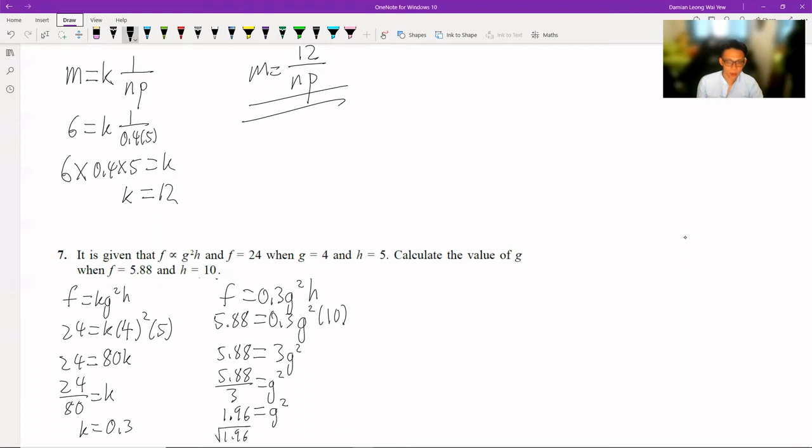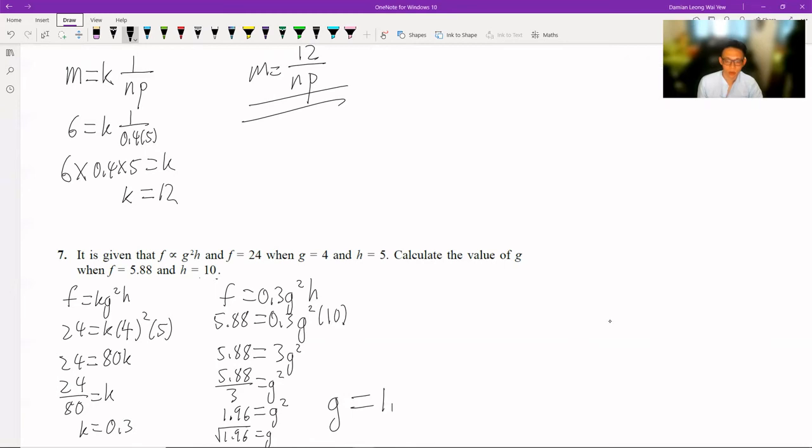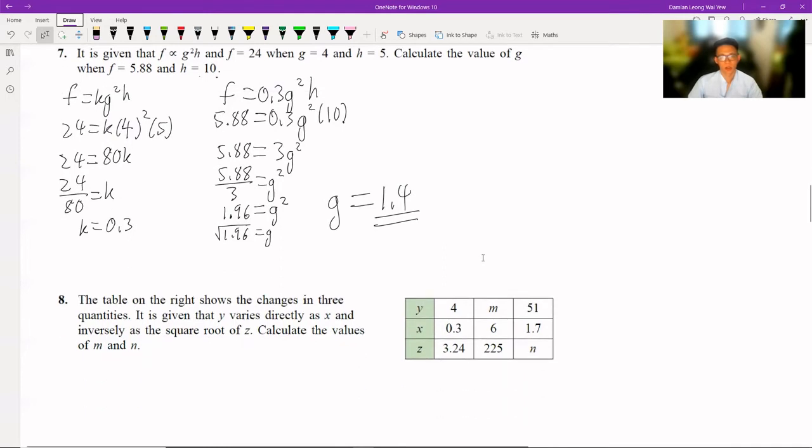Square root of 1.96 is G, so G would be the square root of 1.96, which is 1.4. Okay, G is 1.4. That is question 7.